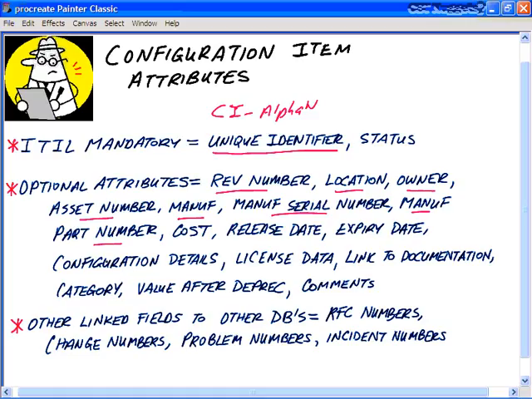So you can see some of these things are hardware related, some are software related, some can apply to both. Like cost, for example, could apply to both software and hardware, or even some contracted service or consulting service.